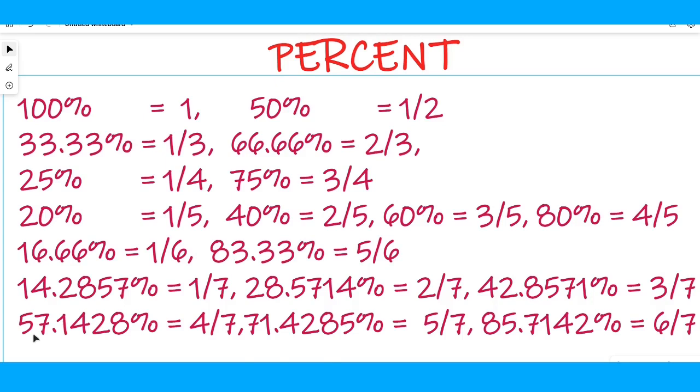And 57.1428%, which is 4 times, so it is 4 upon 7. Then 71.4285%, which is 5 times of 14.2857%, so it is 5 upon 7. And 85.7142% is 6 upon 7.